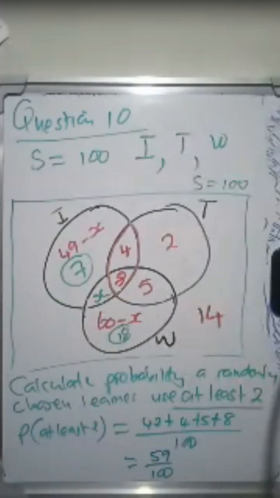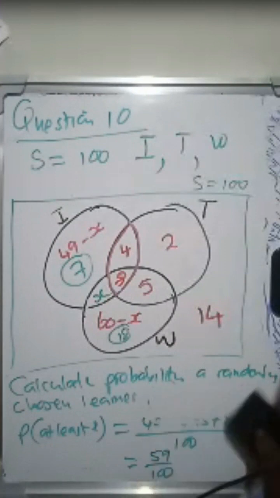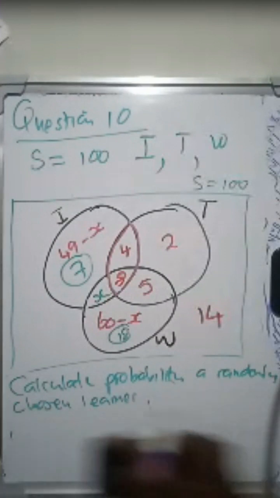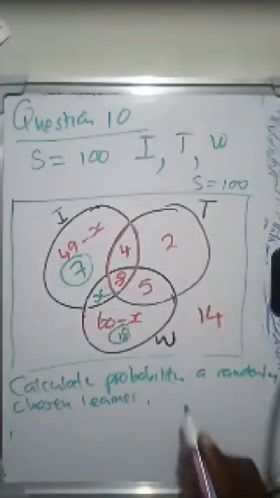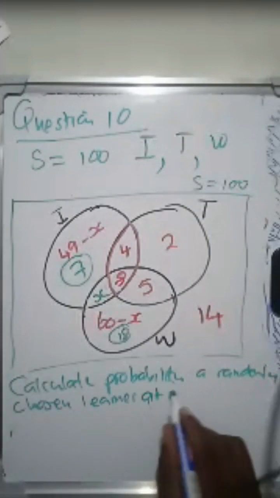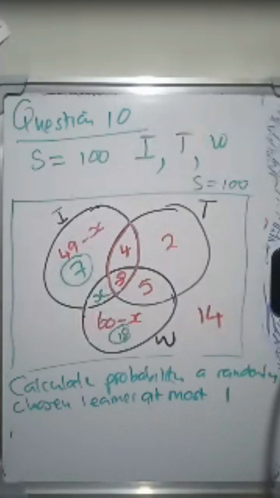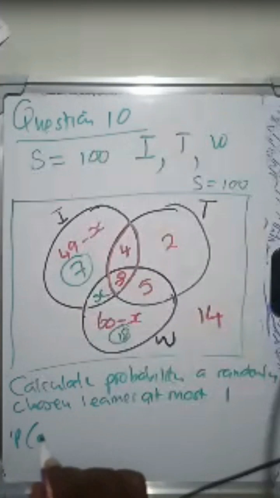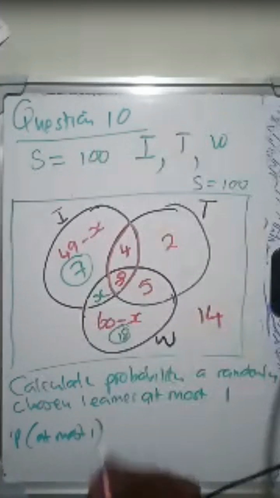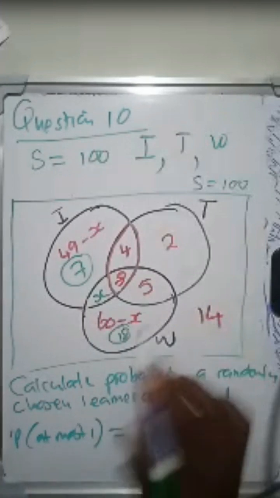Okay? Right? Then another one that comes from my mind says, calculate the probability a randomly chosen learner uses at most 1. Right? At most 1 means 1 and below. Okay? Means 1 and below. So probability at most 1 is equals to, right, how many are using 1?